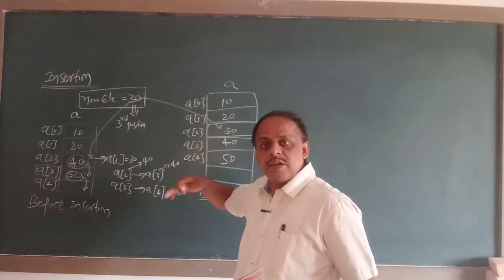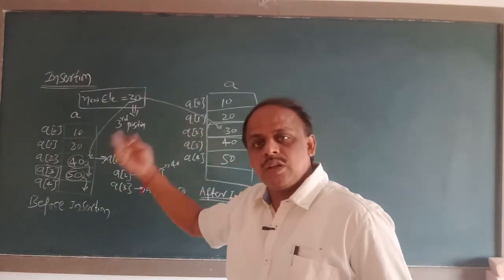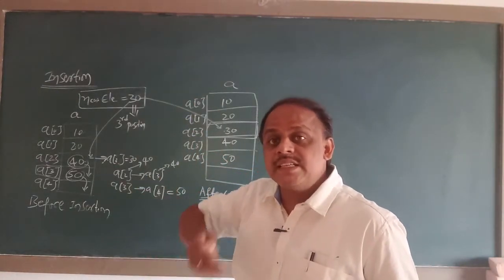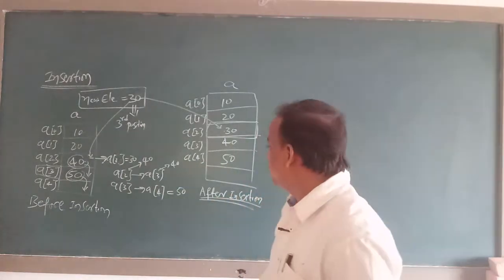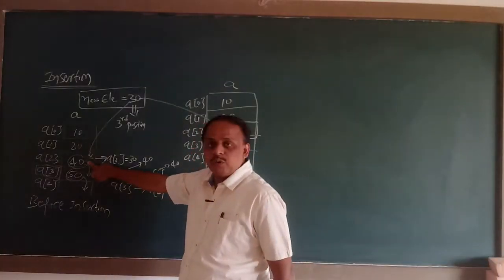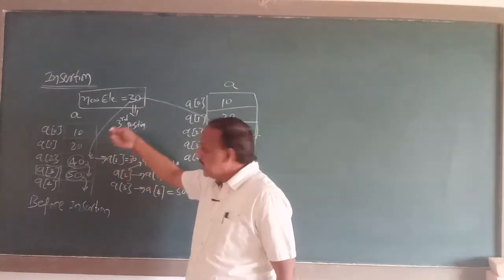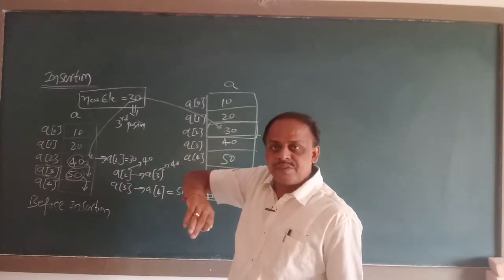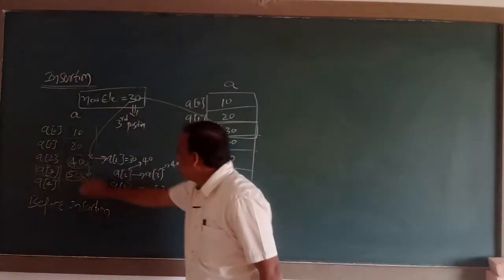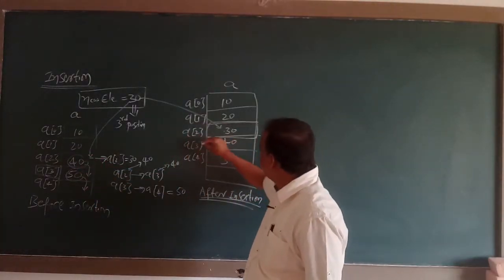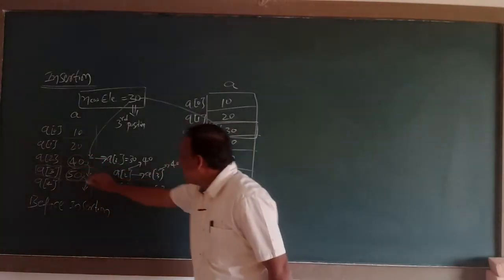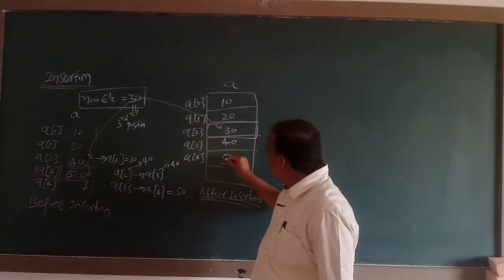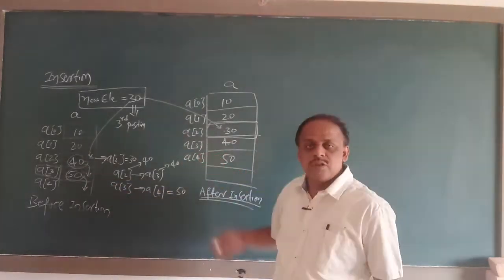So all the elements from the asked position to last element are placed in the higher order, right? So in the A of 2 we have to add 30, therefore take what is there first in A of 2 and place it in A of 3. So in A of 2 40 is there, we placed that 40 in A of 3. A of 3 50 is there, we placed 50 in A of 4, right?